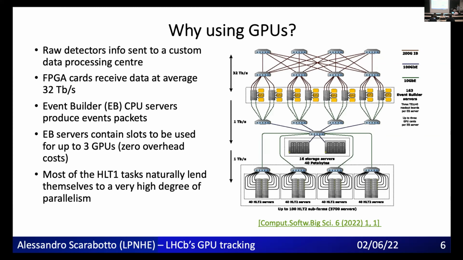In the EB servers, we have slots for GPUs, up to 3 GPUs per EB server. So in practice, adding GPUs here has zero overhead cost. This is one reason. And then most of the HLT1 tasks are highly parallelizable, as we know, like tracking.